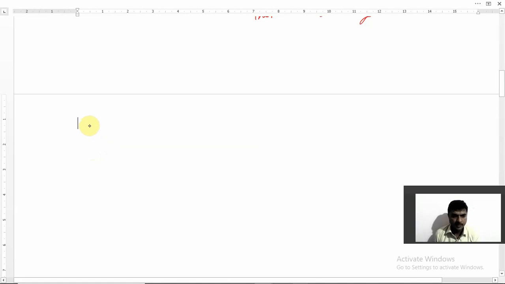Now I say this R1 has the temperature gradient, dou u upon dou x at point n.